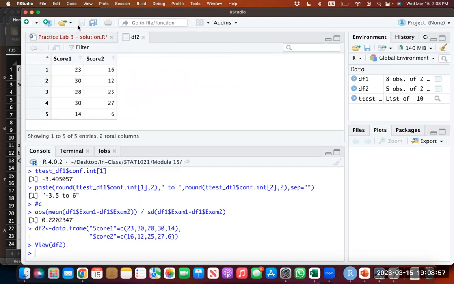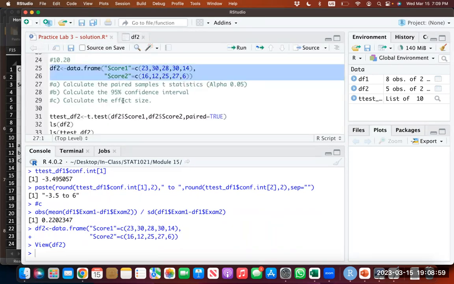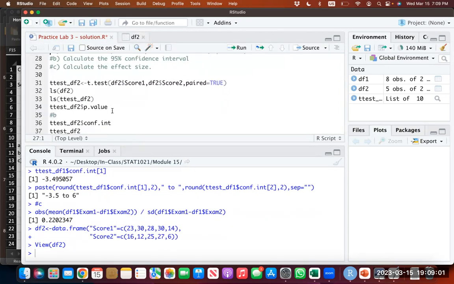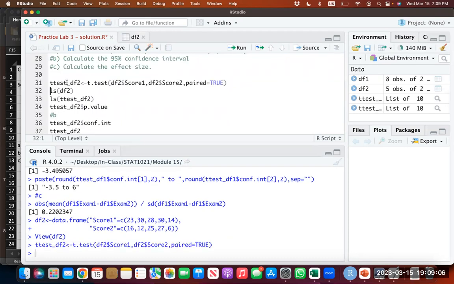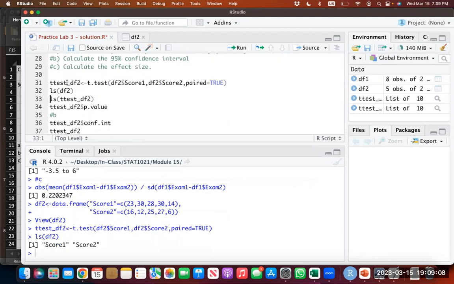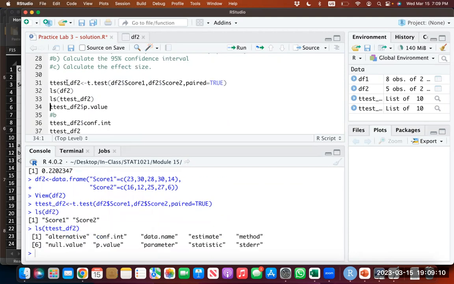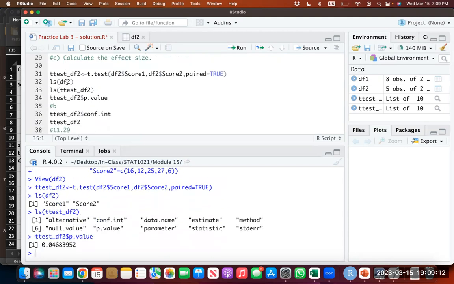So we see this value in a more Excel-like format. We're running the same line of code, basically running the same analysis, gets a score 2, and the t-test p-value is here 0.047, which is smaller than our alpha of 5%. That's line 30. For you, it should be 33.